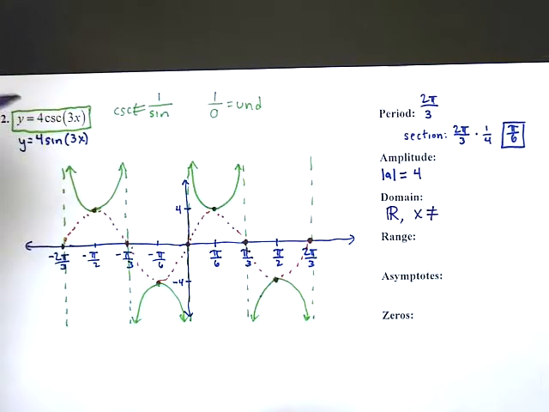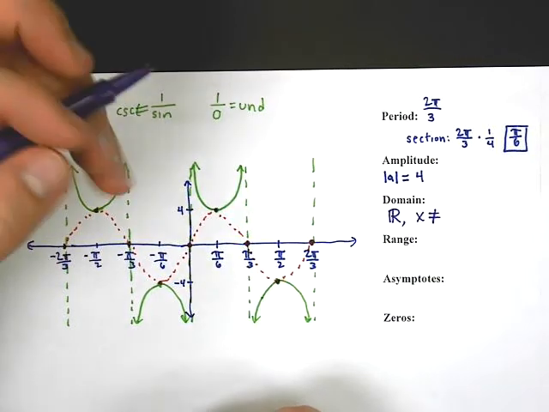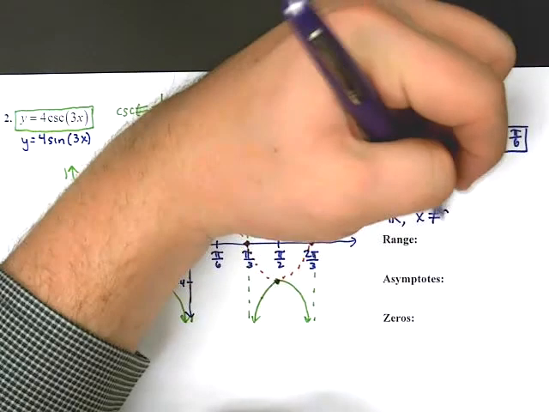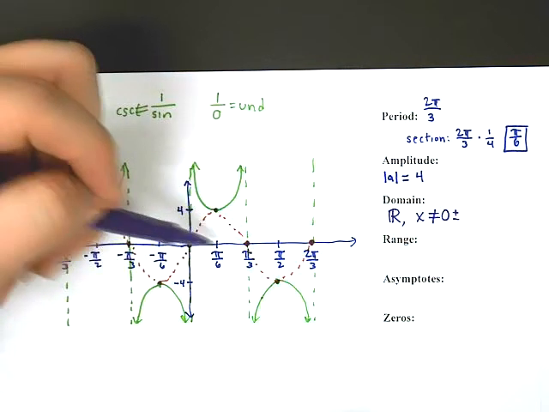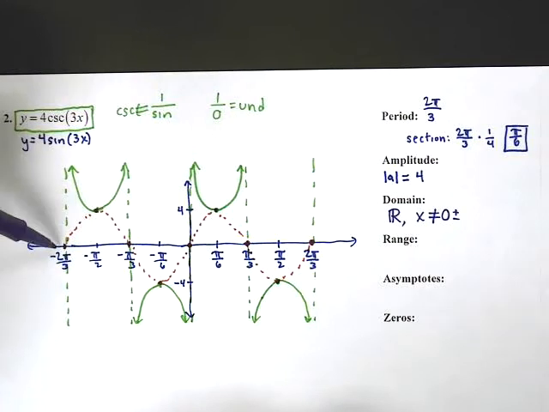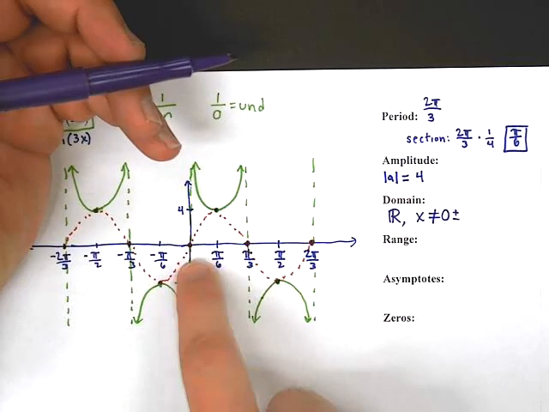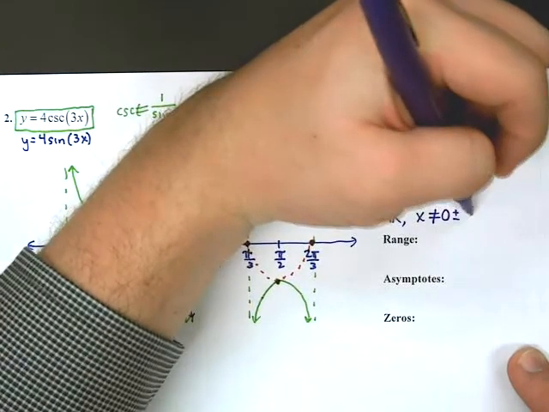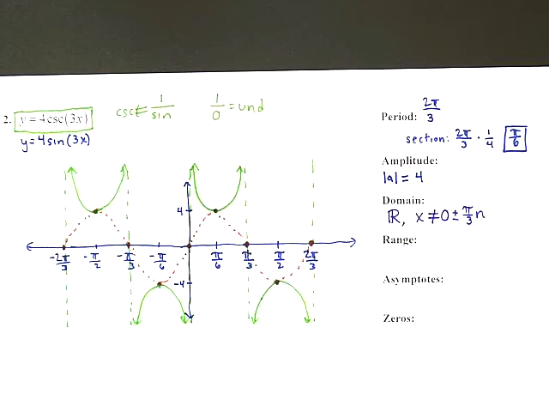X cannot equal, and then guys, it turns into the same thing that we did with zeros on the other page. I find my first asymptote, which is at 0, and I know what's happening. Well, there's another one at pi over 3, or 2 pi over 3, or negative pi over 3, negative 2 pi over 3. So what is the gap between the asymptotes? From 0 to pi over 3 is just pi over 3. So my gap, or my rule, is pi over 3n.